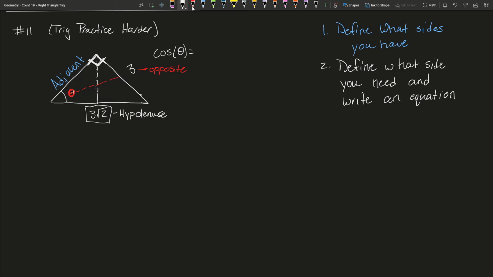Okay. Now, step 2: define what side you need and write an equation. So we go to the actual question, which is to find the cosine of theta.